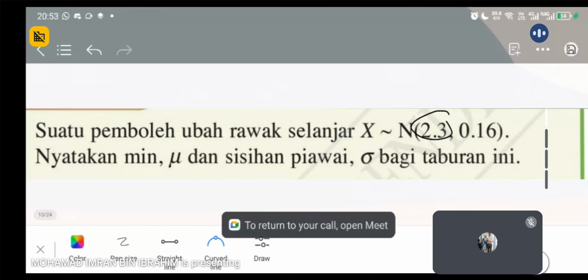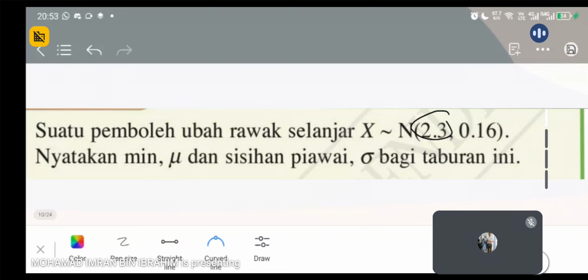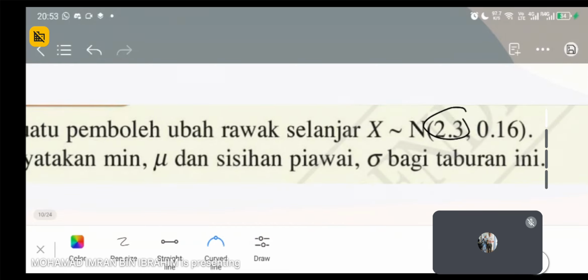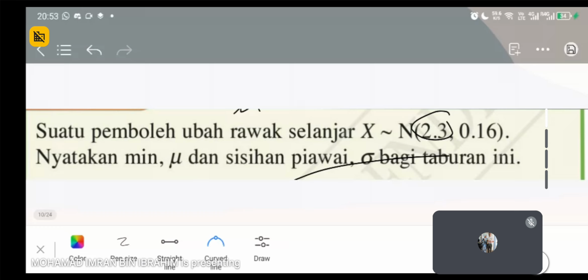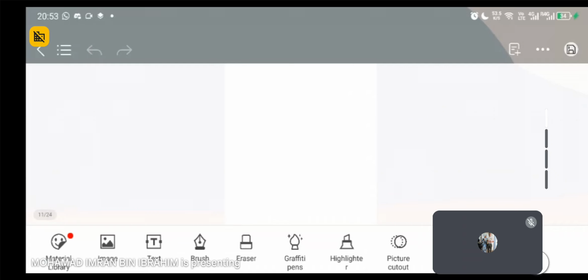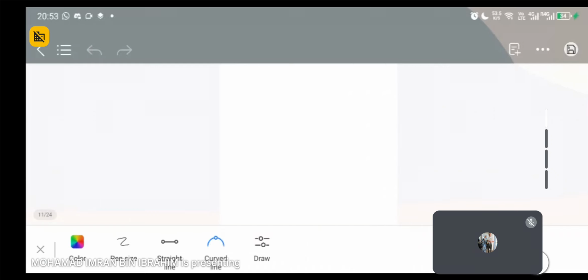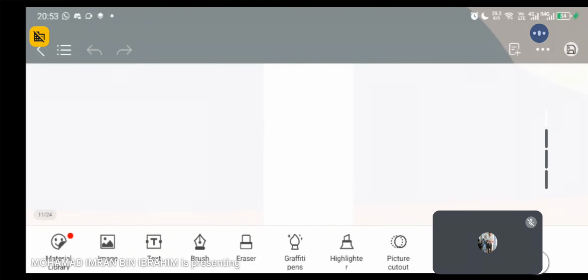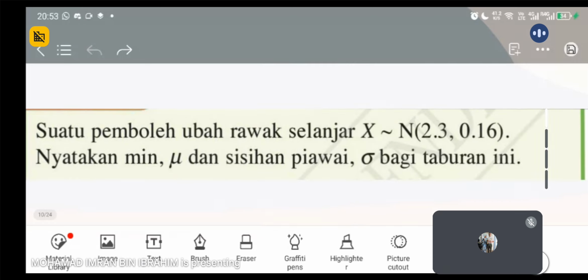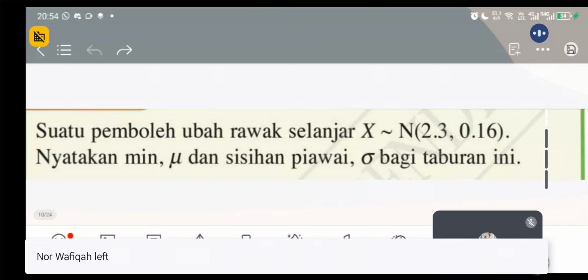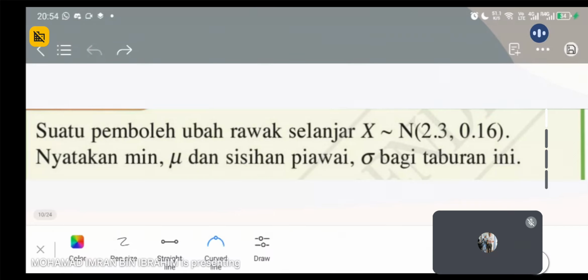Your mean is 2.3. You can always refer to the textbook. So you know that your mean is 2.3, and then your standard deviation must be the square root of this.